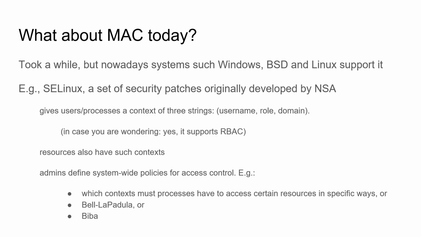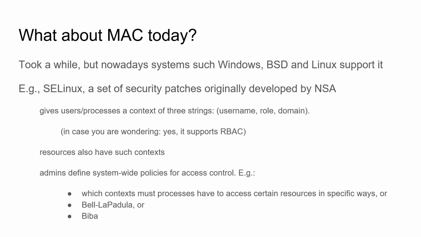So what about mandatory access control today? Well, nowadays, most of the larger operating systems, such as Windows, BSD, Linux, all support some form of mandatory access control. So, for instance, for Linux, we have SELinux, which is a set of security patches originally made by the NSA, and it gives both resources and users or processes a context, and the context consists of three things: a username, a role, and a domain.